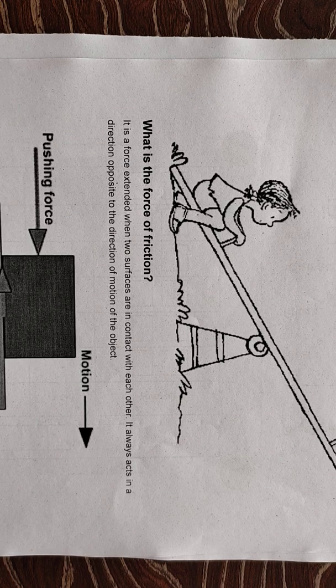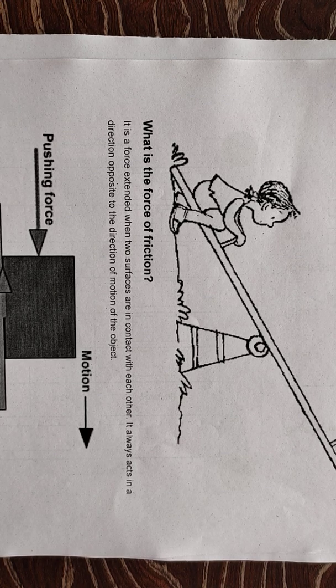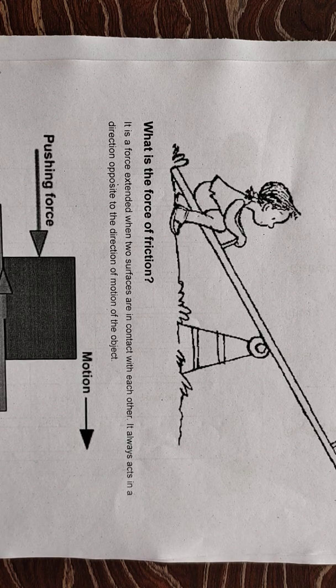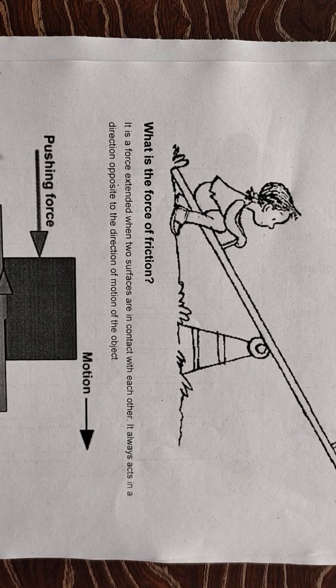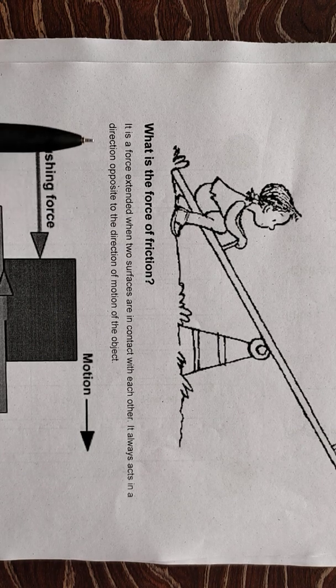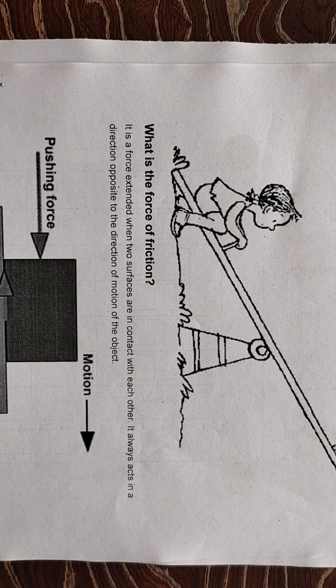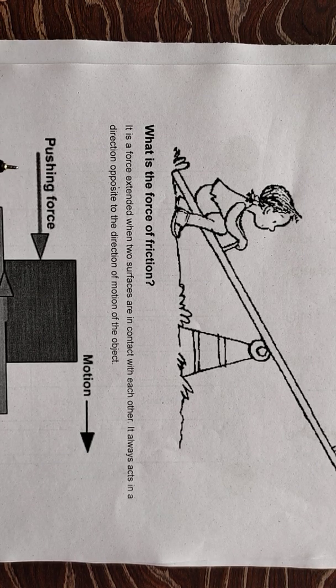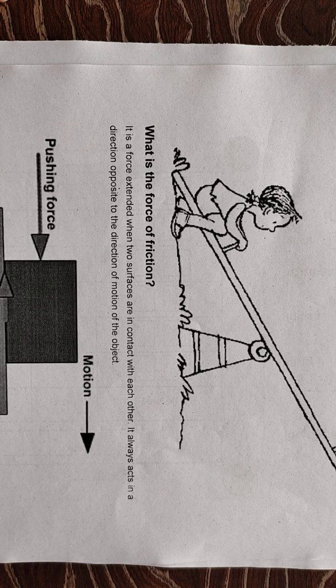At that time you have to pedal your cycle continuously. If you stop pedaling your cycle, then what happens? After some time your cycle will stop moving, because the wheel of your cycle is in contact with the road, and the road will apply a frictional force onto the tire of the cycle, and because of that the movement of the cycle will stop if you stop pedaling.